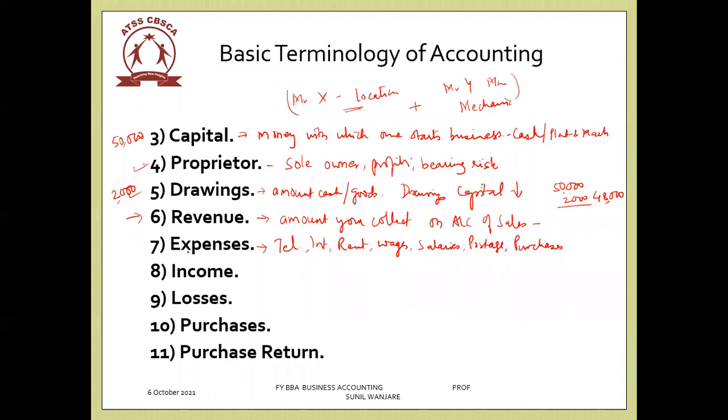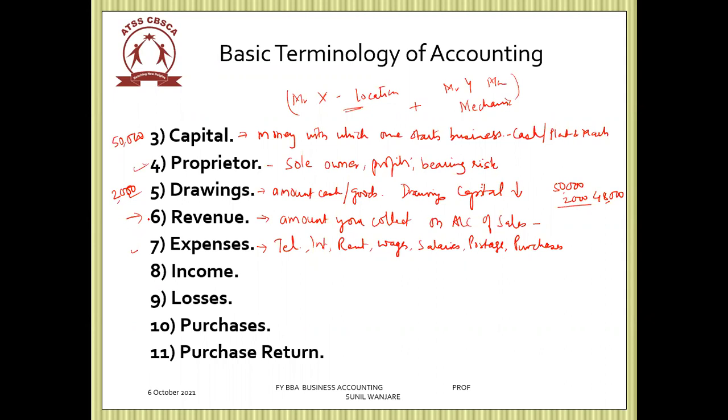So expenses are the amount spent on getting a benefit or utilizing or taking some services, like rent, wages, salary, postage, advertisement, discounts given, commission given, traveling, and audit fees paid. These are called expenses.